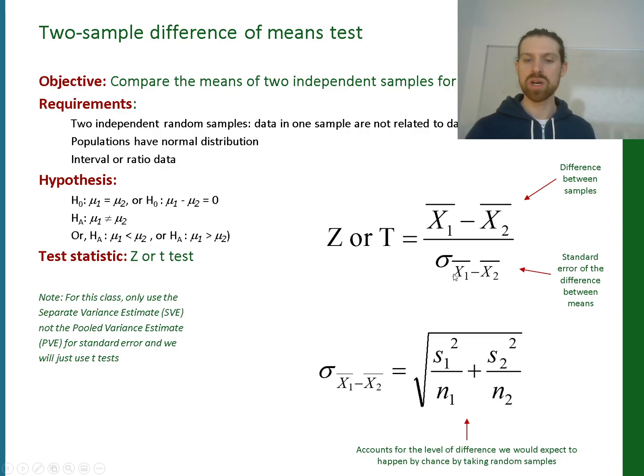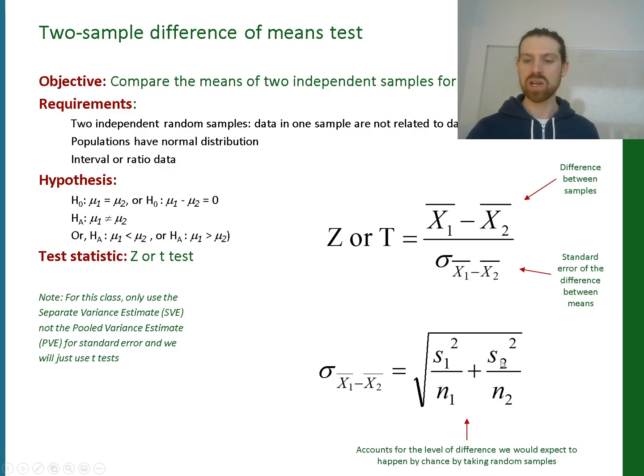Okay, so this sigma value here, which is the standard error of the difference between the means, can be calculated based on this particular formula here. So we need to take the square root of the summation of these two divisions. S for the first sample is the standard deviation squared, so it's the variance, divided by the number of samples that we have within that first sample.